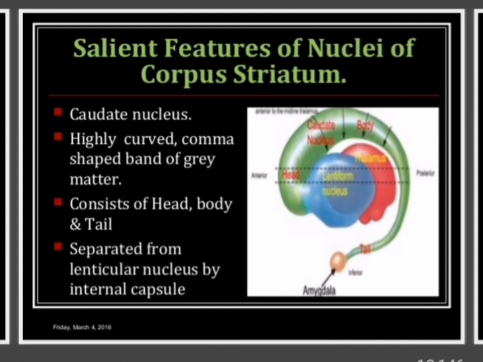Caudate nucleus: a highly curved, comma-shaped band of gray matter, consists of a head, body, and tail, separated from the lenticular nucleus by the internal capsule.